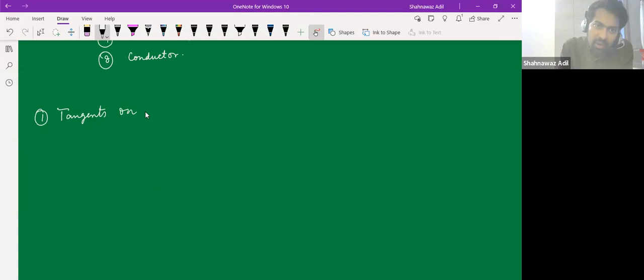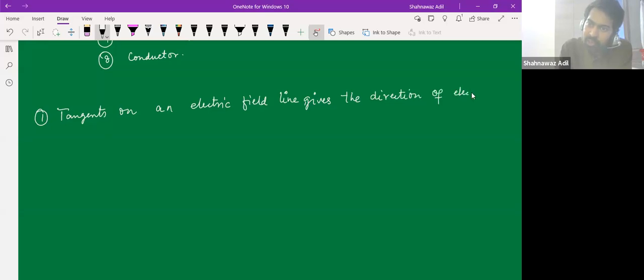Tangents on an electric field line give the direction of the electric field.